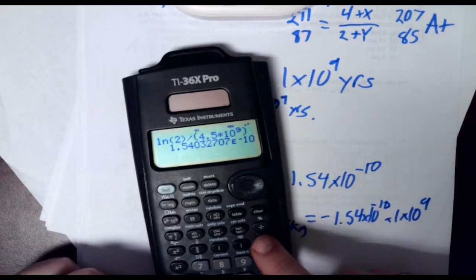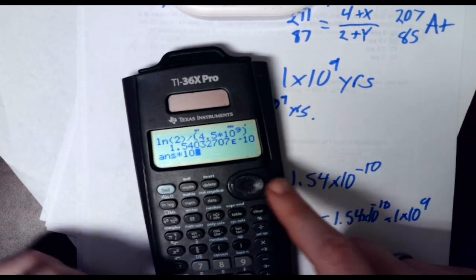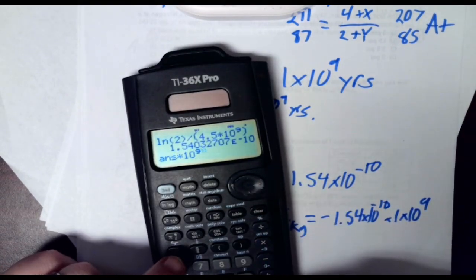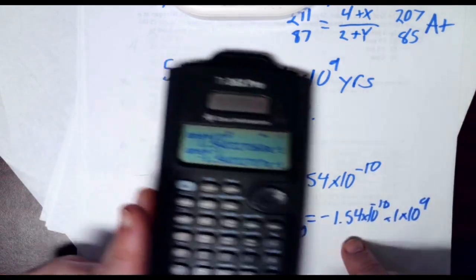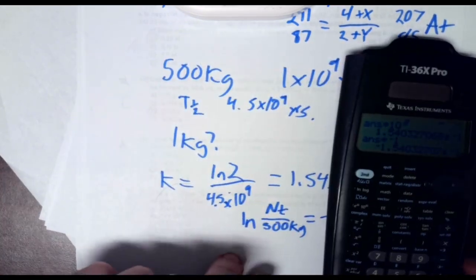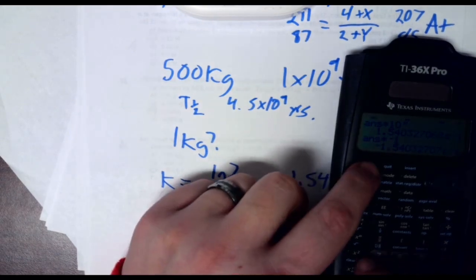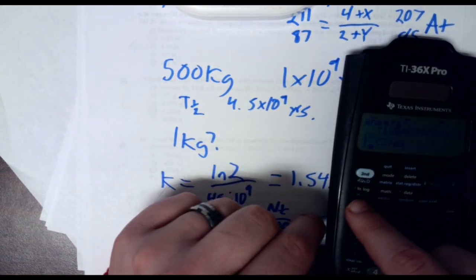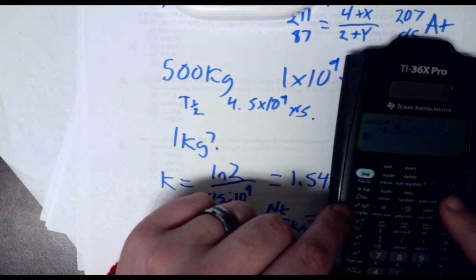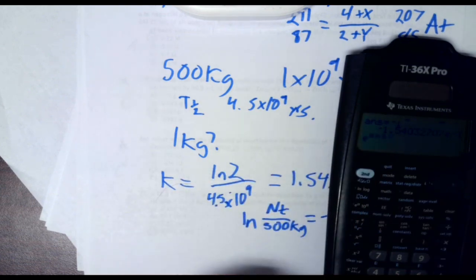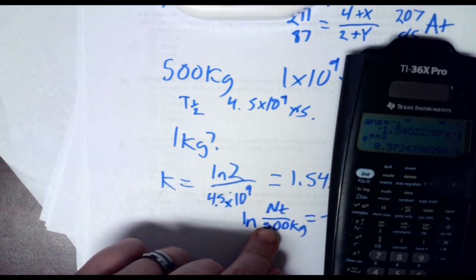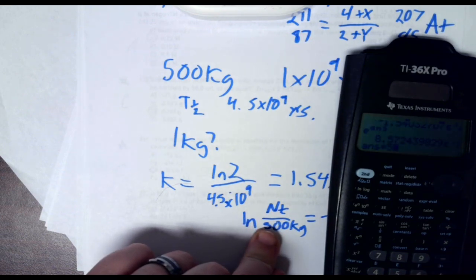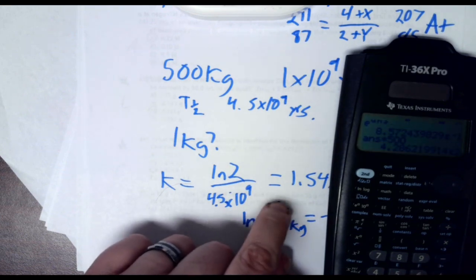We're storing this for just a mere billion years. Times negative 1. Okay, so that's this side. Now I'm going to take the inverse log so that I can get this ratio. Multiply by 500 to get N at time t.